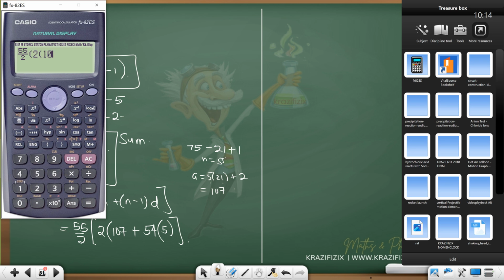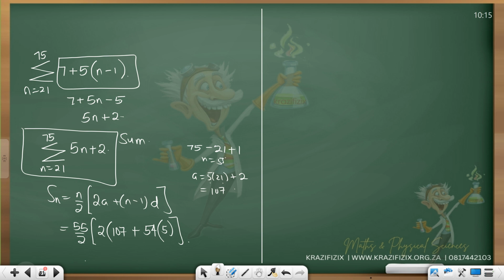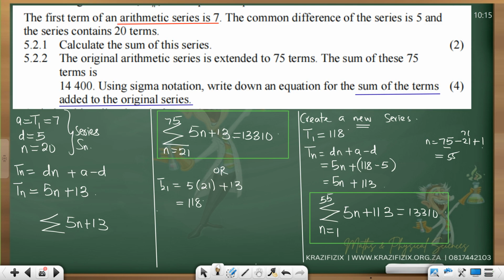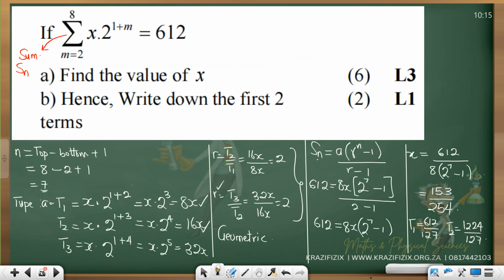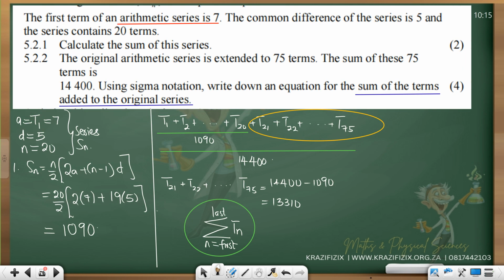There's a bracket there, 2 times 107 plus 54 times 5. Are all my brackets closed? 13310. Okay, that's interesting. Wait, let me see. What was my Tn? Did I make a mistake? Wait, let me come back. Where's my page? Where did I do Tn?